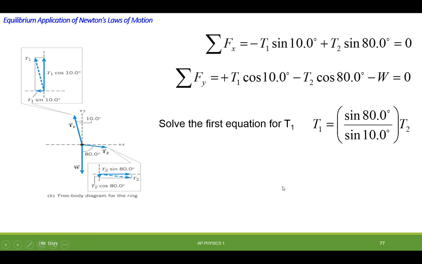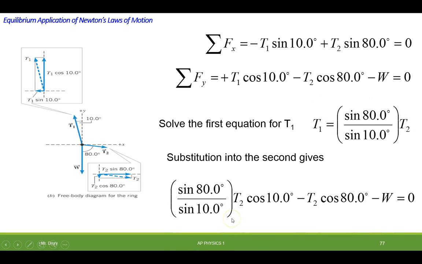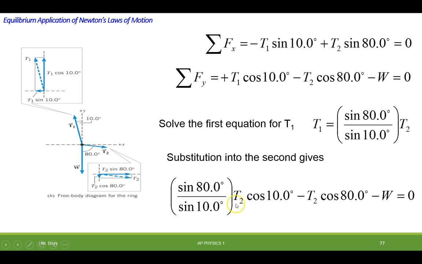And now I'm going to take that equation and substitute it into the second. So wherever there was a T1 in the second equation, I'm going to put all this stuff. Now I only have T2s and weight, which I know.